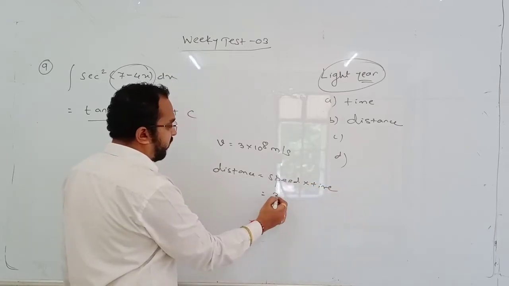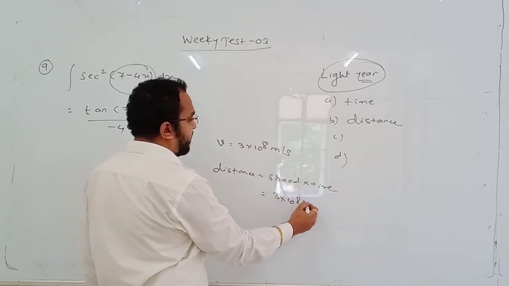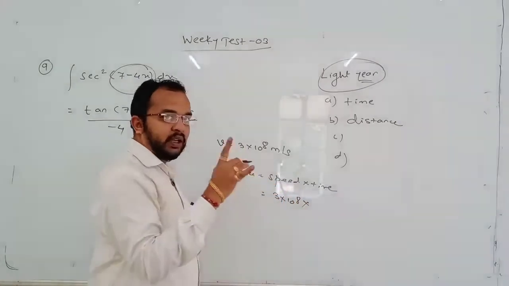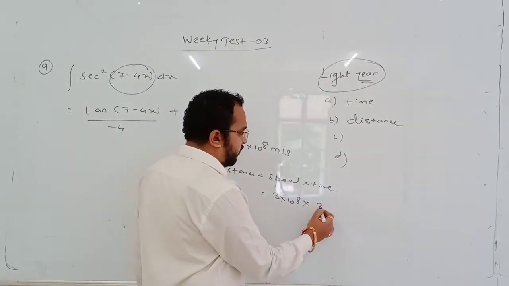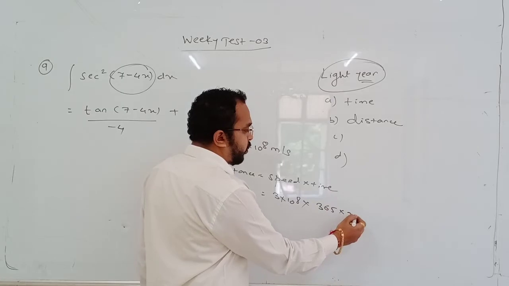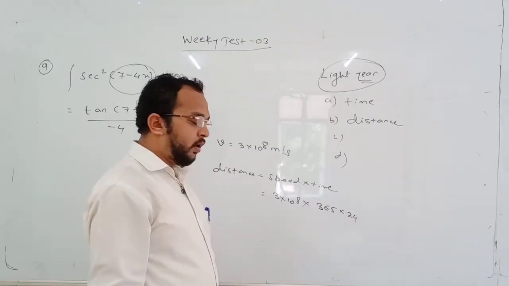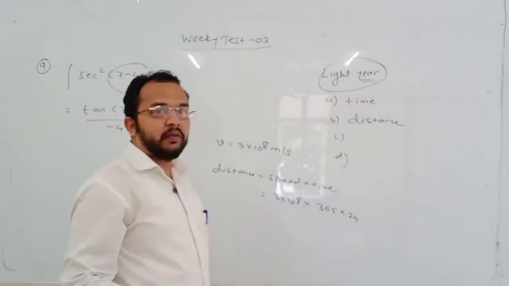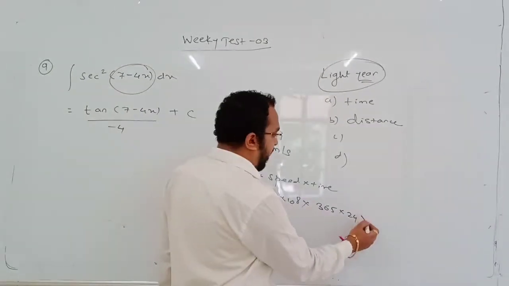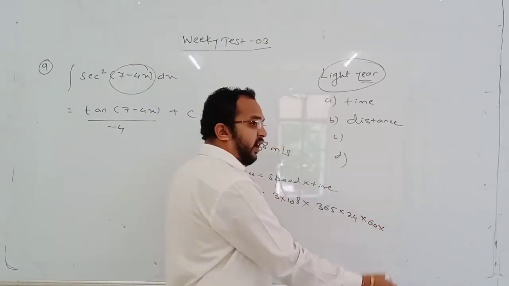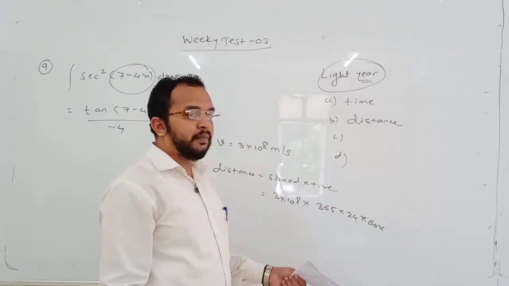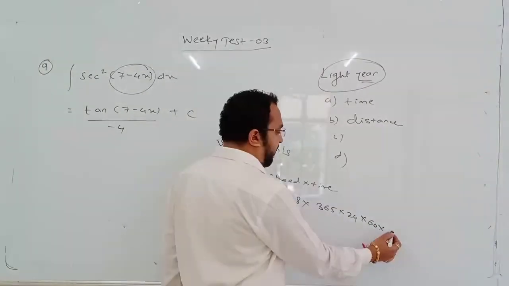Now if I write here 3 into 10 raised to power 8 into time, in 1 year there are 365 days, so 365 days into 24 hours. When I convert days to hours, it is multiplied by 24, and when I convert hours into minutes I have to multiply by 60, and then again to convert minutes into seconds I have to multiply by 60.